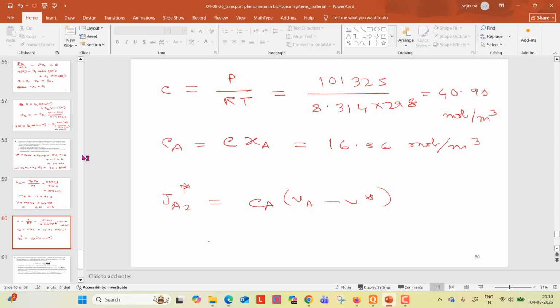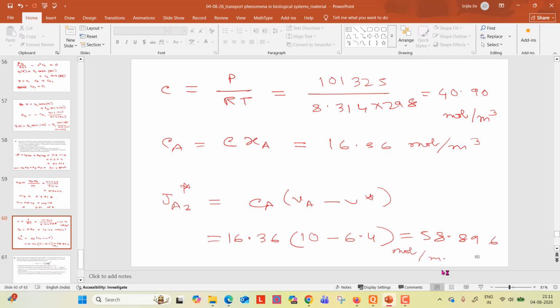V star we calculated earlier, and Va is given. So 16.36 into Va, which is given as 10, minus V star, which we have calculated as 6.4. It is coming as 58.896 mole per meter square second.